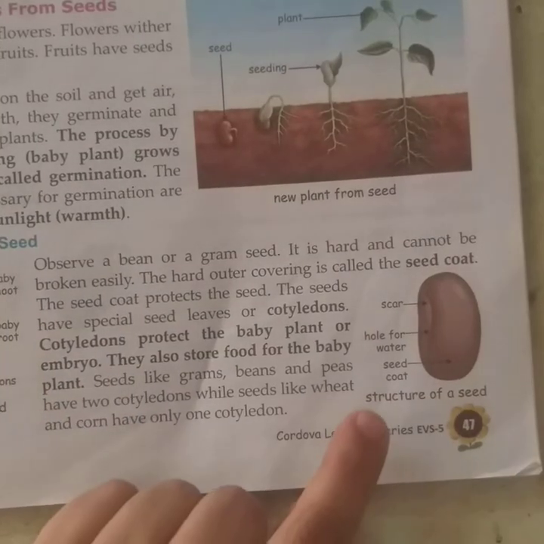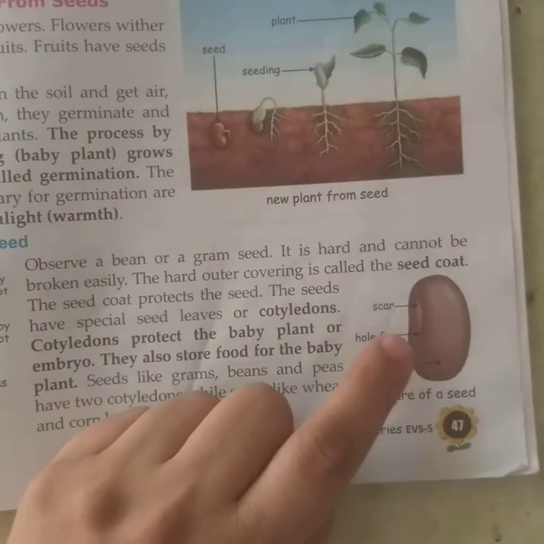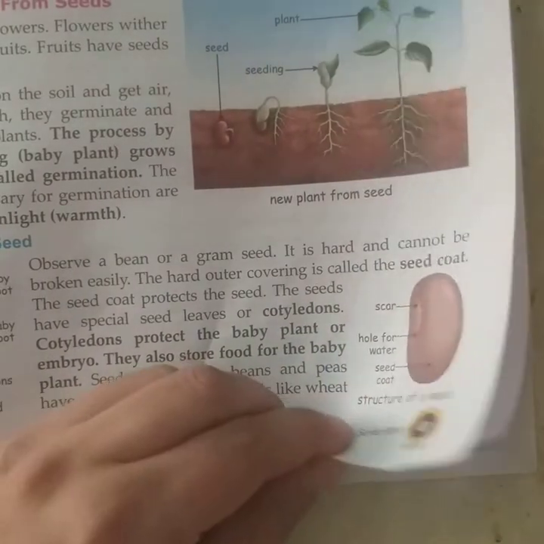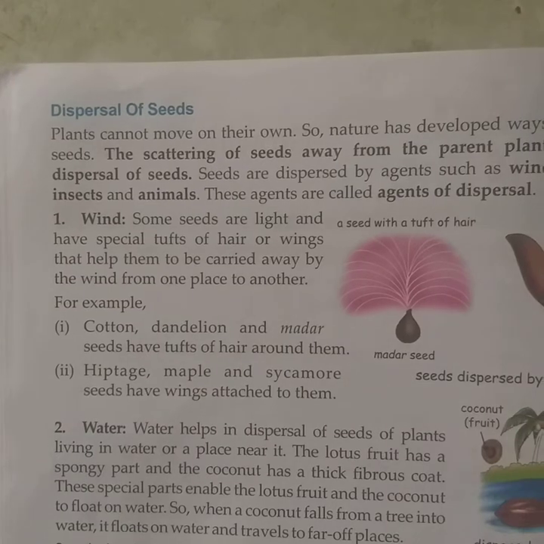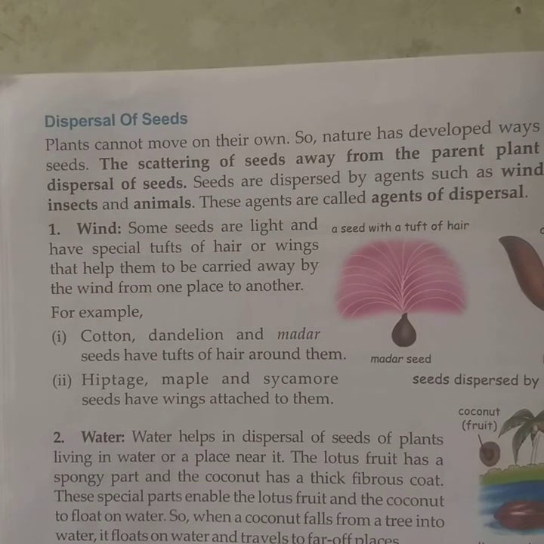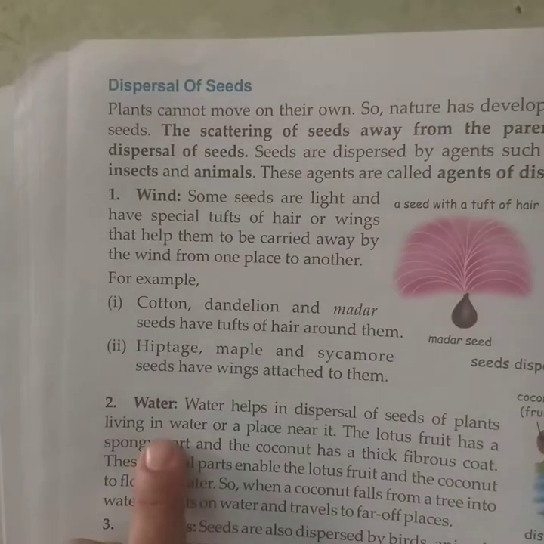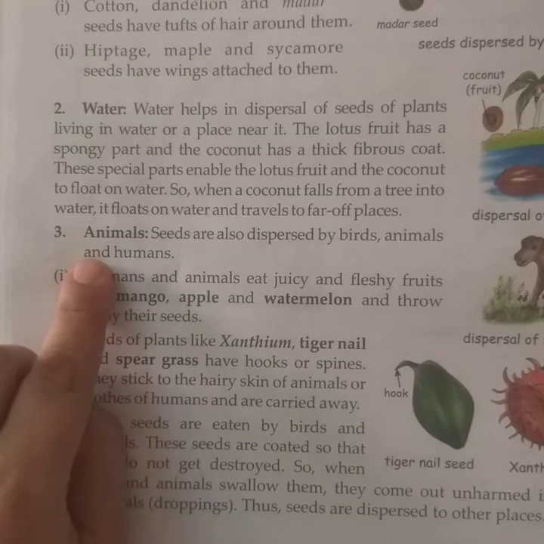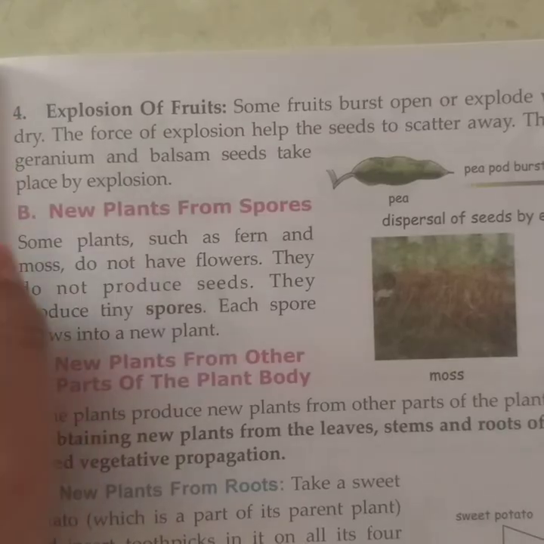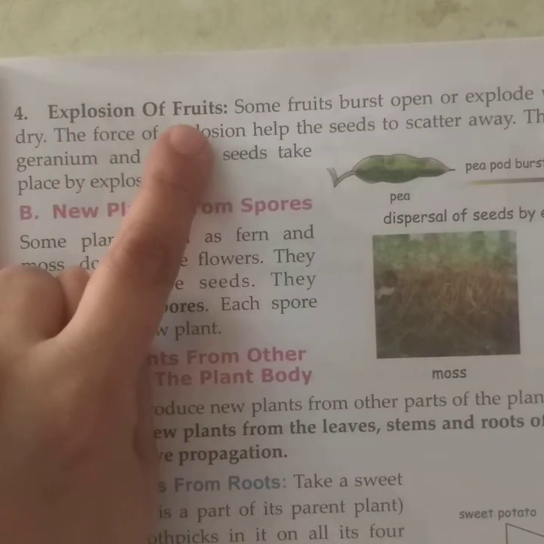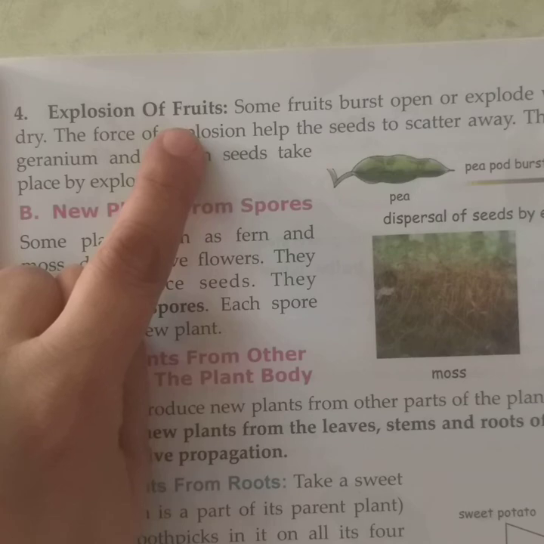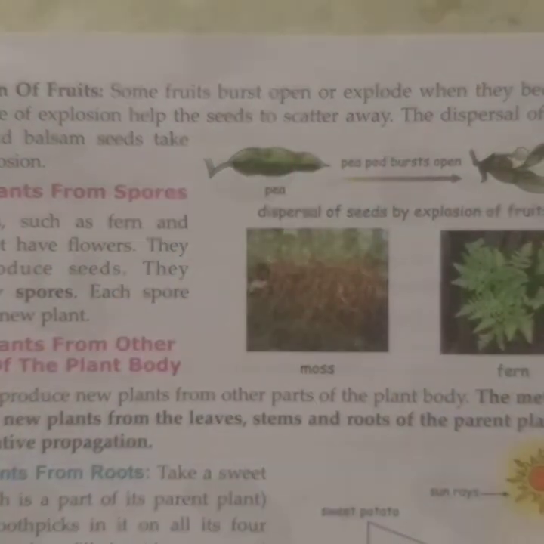Then we studied the structure of a seed, and the dispersal of seeds using various techniques: wind, water, animals, and lastly the explosion of fruits. When the fruit is completely mature, the seeds disperse with the help of explosion.